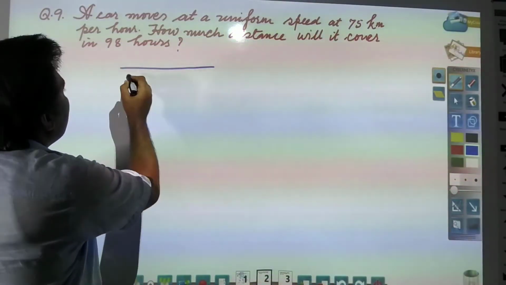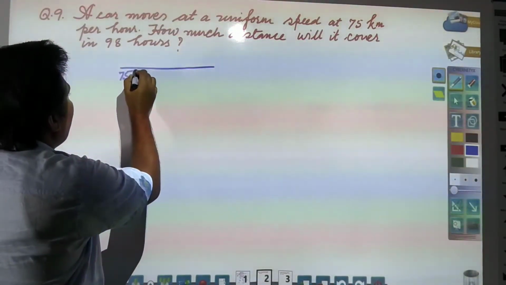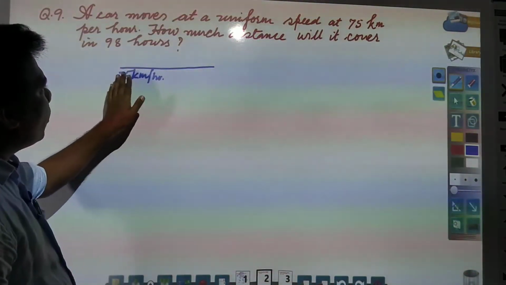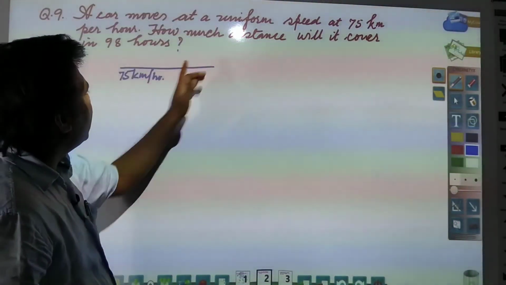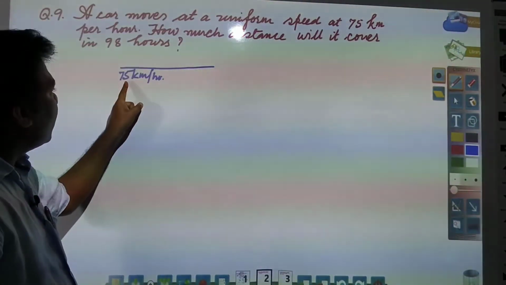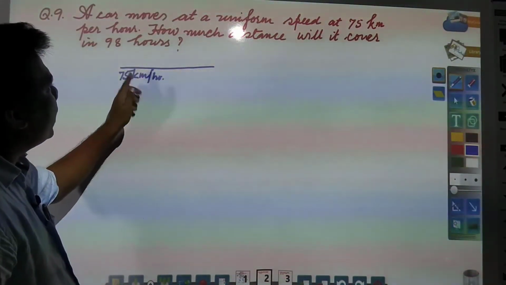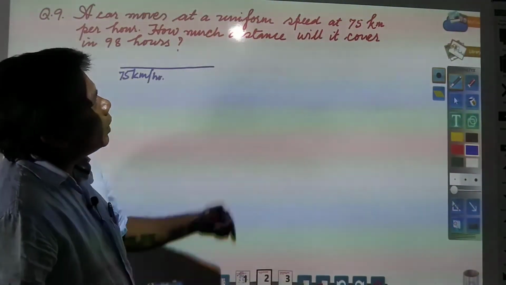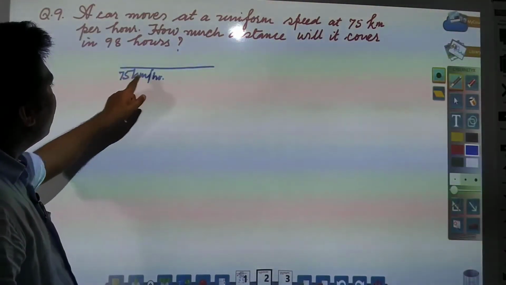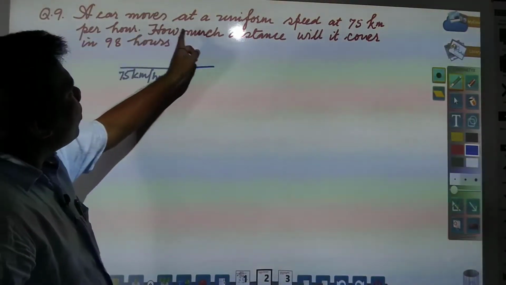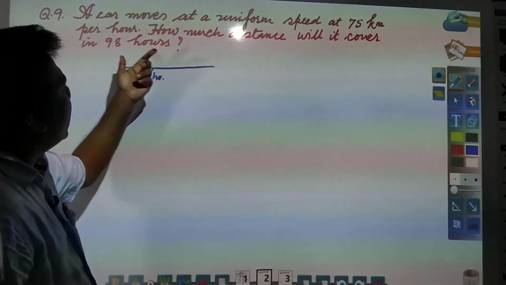If it has 75 km per hour, it means in 1 hour the car is completing 75 kilometers without changing the speed. How much distance will it cover in 98 hours?